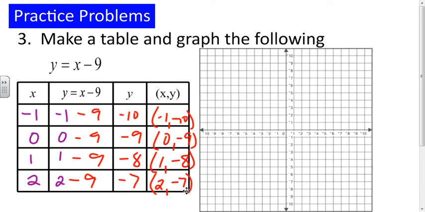So let's plot these points. Negative 1 here, negative 10 all the way down here, that's 1. And then 0, negative 9, here's another. 1, negative 8, here's another. And finally 2, negative 7 right here. Does this look like we could make a straight line going through all these points?